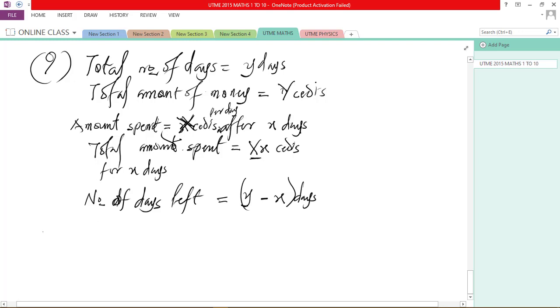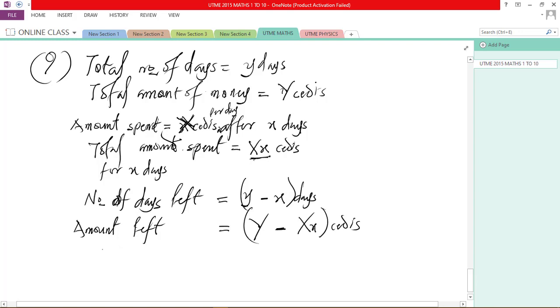The total amount taken to that place minus the amount spent, and that will be Y minus X times X series, to be spent for Y minus X days.